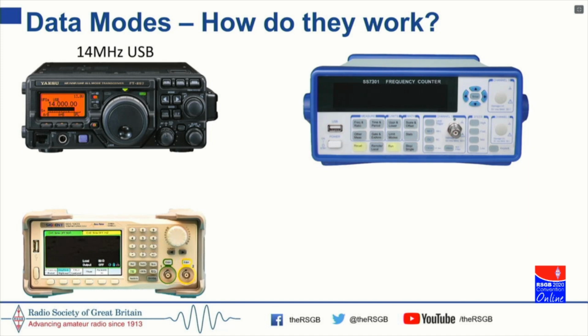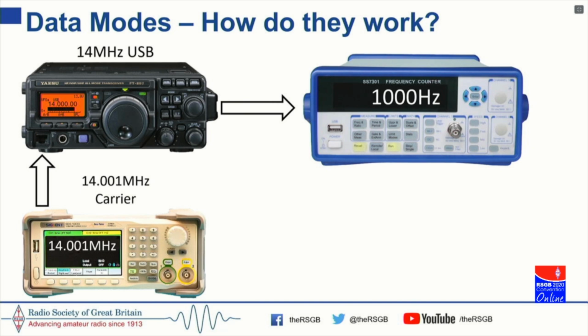Okay, so what about now the other direction, the receive direction? If we put a 14.001 megs carrier into the transceiver and measure the output, we'll get our 1000 hertz. No big surprise there. And again, if we put 14.002 megs in, we'll get a 2000 hertz tone out.